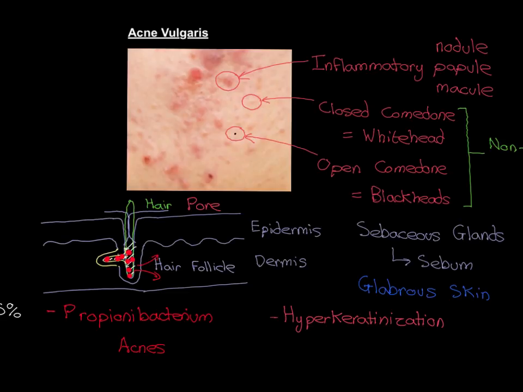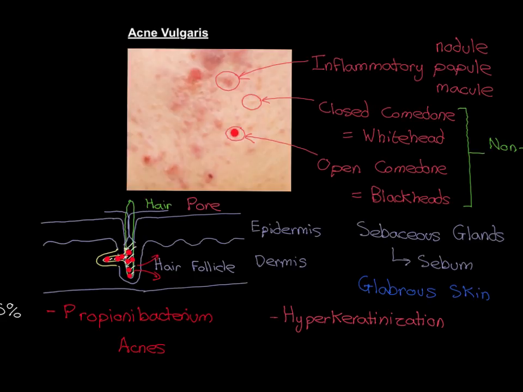It can either do the better thing, which is to break open the plug in the pore here and release its contents, the sebum filled up with the Propionibacterium acnes that has divided and increased its population size in that sebum, onto the surface of the skin, and that just produces a tiny little black lesion here.